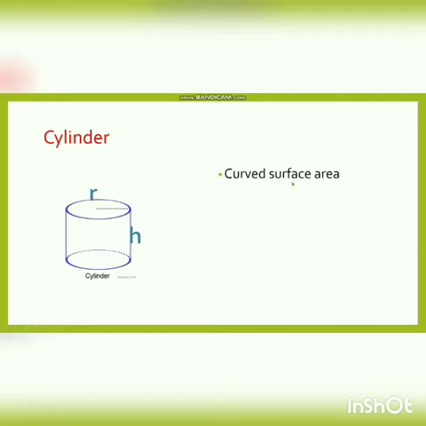The formula of curved surface area of cylinder is equal to 2 pi r h. Total surface area of cylinder is equal to 2 pi r in bracket r plus h.